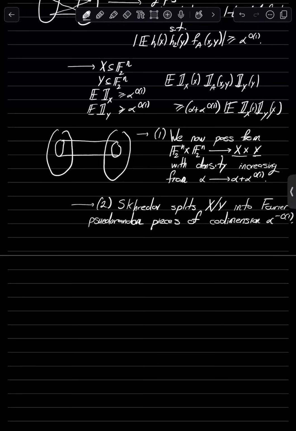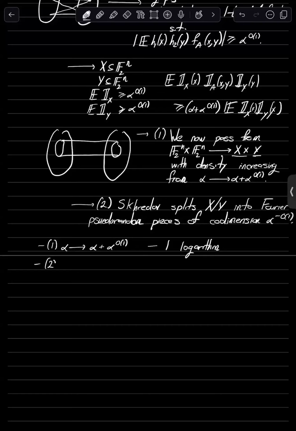So why does Shkredov lose two logs? First, going from alpha to alpha plus alpha to the O(1) costs you one logarithm. That is step one.